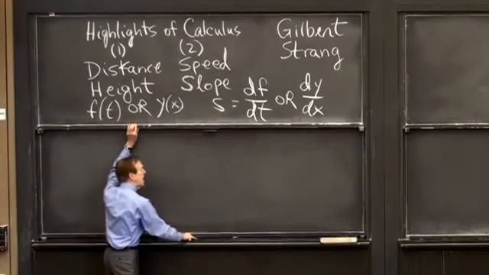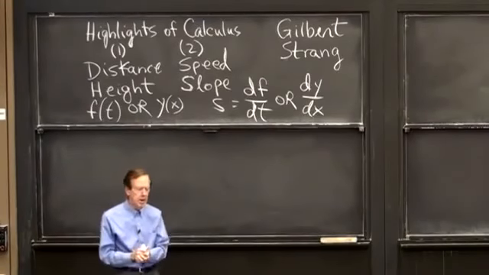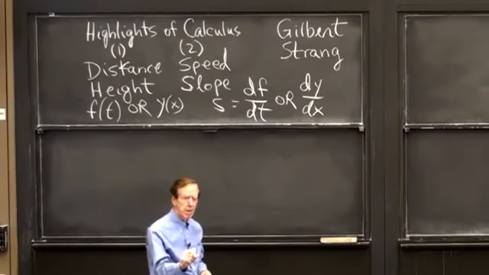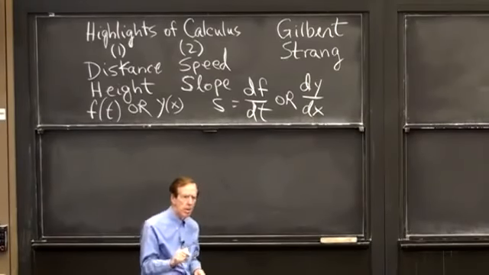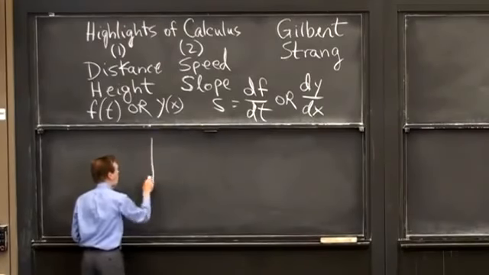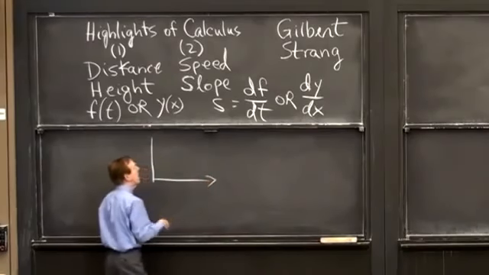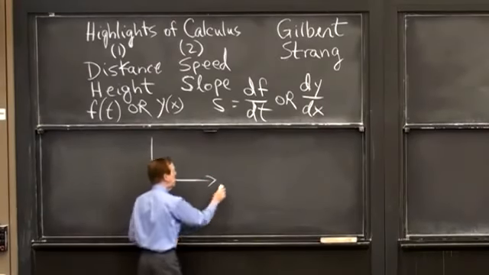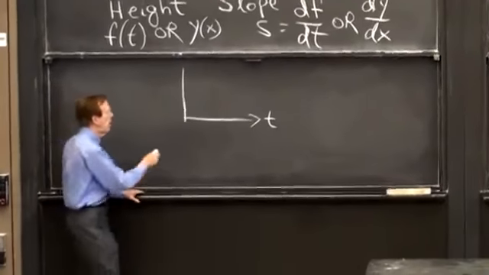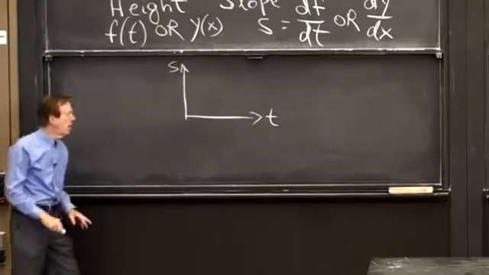So the key example here, the one to get completely straight, is the case of constant speed, constant slope. I'll just graph that. This is the speed. Time is going along that way, speed is up this way.